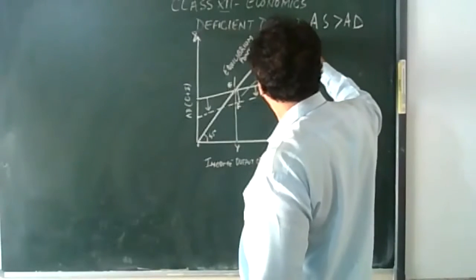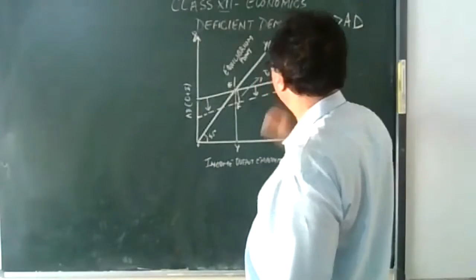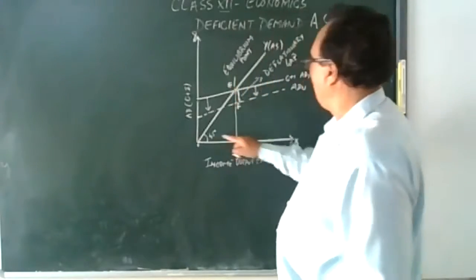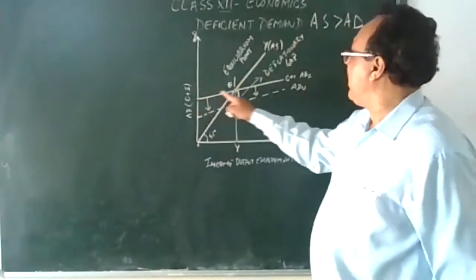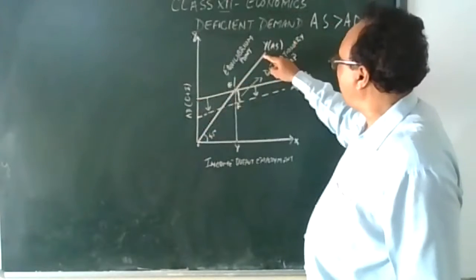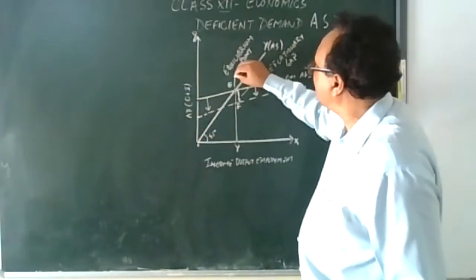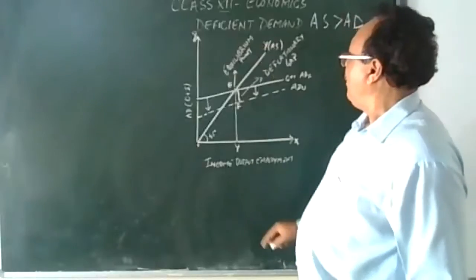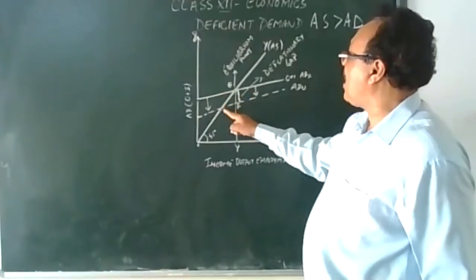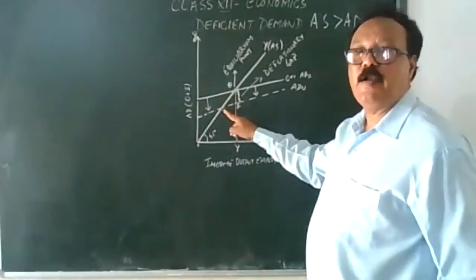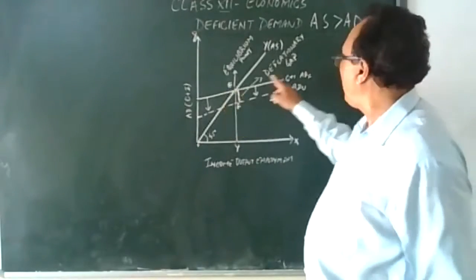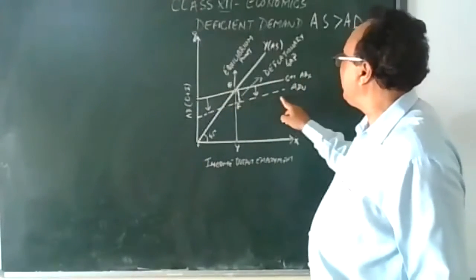Like I said, when the AD curve cuts the income line at a point, that point is the equilibrium point. When the AD curve shifts downward because of a decrease in the investment expenditure from ADF, it becomes now ADU.